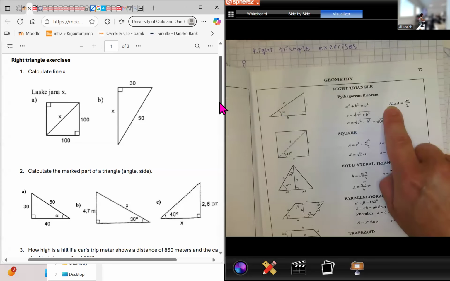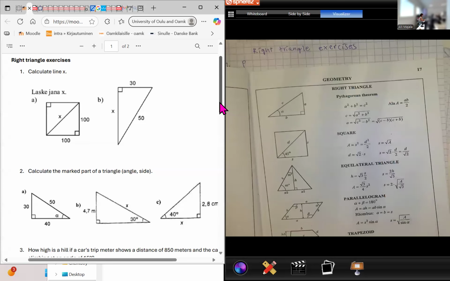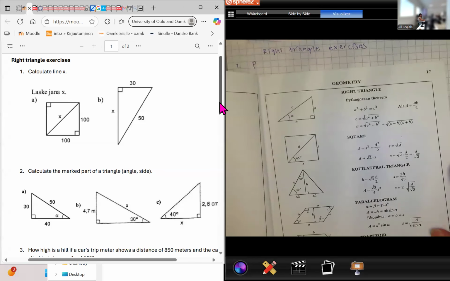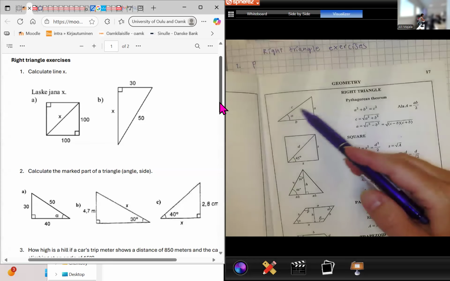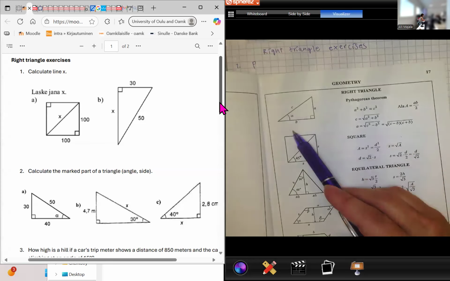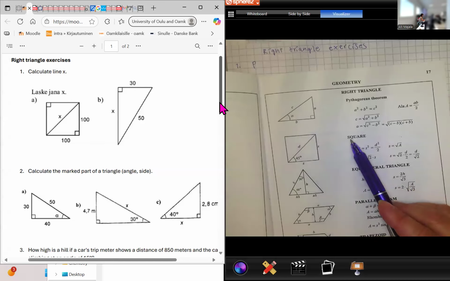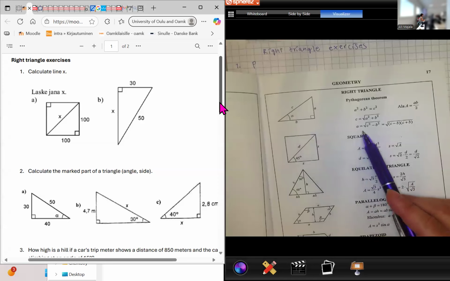Look, there's also Finnish text. The area. That's funny. Yeah, not funny. Then how you calculate the length of the hypotenuse. For sure, I'm pronouncing that wrong as well. Or any side.